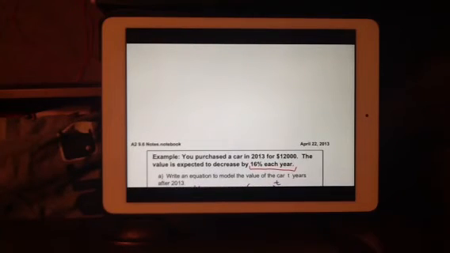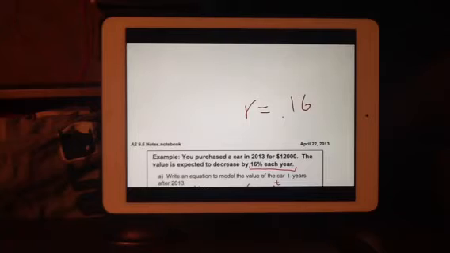First off, I'm going to keep this on the bottom so I can scroll up. Let's say you purchased a car in 2013 for $12,000, and the value is expected to decrease by 16%. Since the value is decreasing by 16%, you need to write r as a decimal. So 16% would be 0.16. Sorry, that's sloppy.